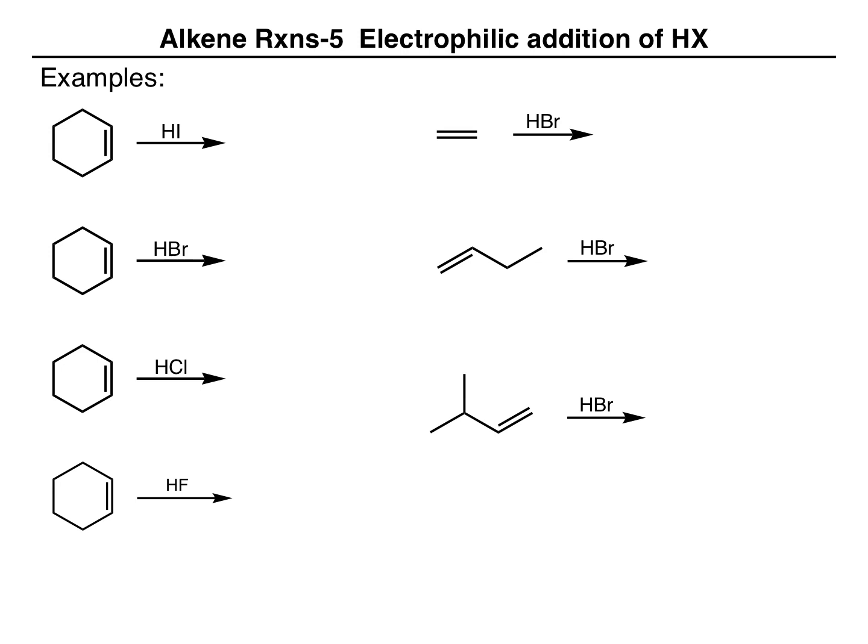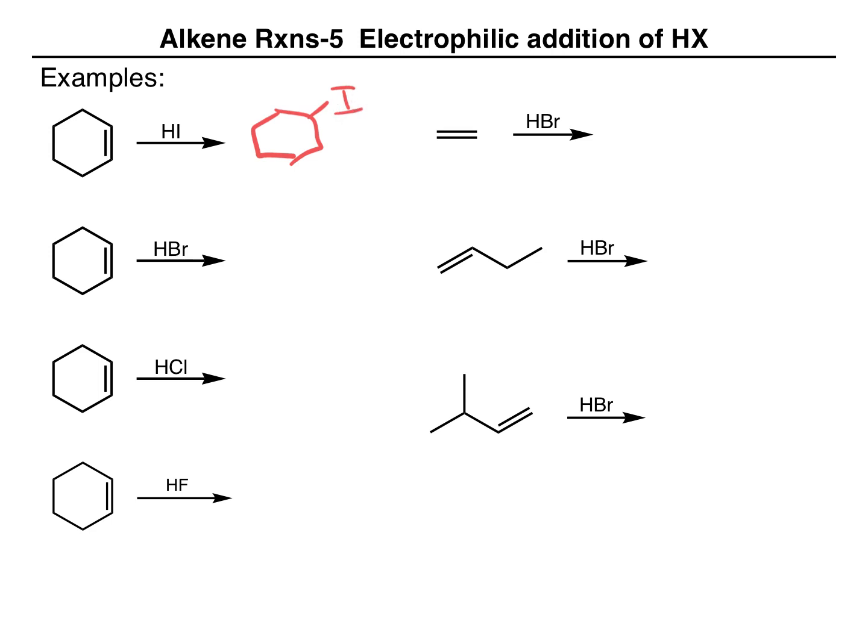The first type of electrophilic addition we'll be looking at is reaction of an alkene with HX. So here we have a few examples. If we have cyclohexene and we treat it with HI, we can add H and I across the double bond, so we no longer have an alkene, but we now have an alkyl iodide.